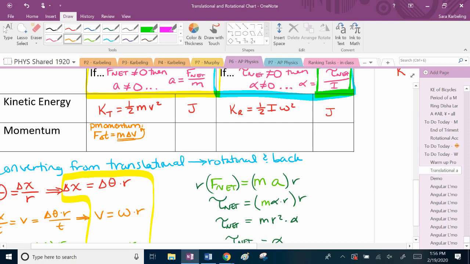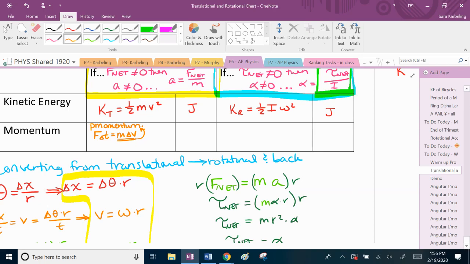The other thing that's really important to know about momentum is that if you have a closed system, which means there are no outside forces acting, what do you know about the momentum of the system, even if there are interactions? It's always conserved, right?